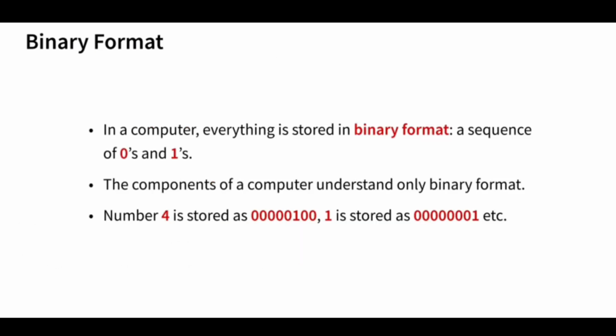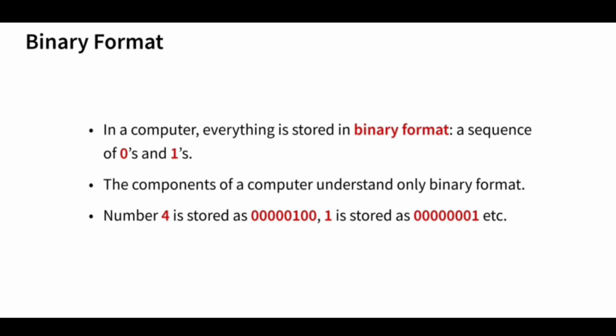And when it comes to the binary format, the computer can't understand the language which we type or give to it. So it has its own language which is written in only zeros and ones, known as the binary format. The computer understands only this binary format.